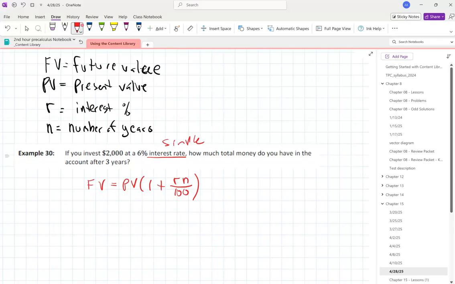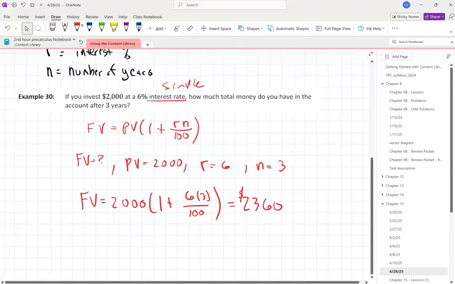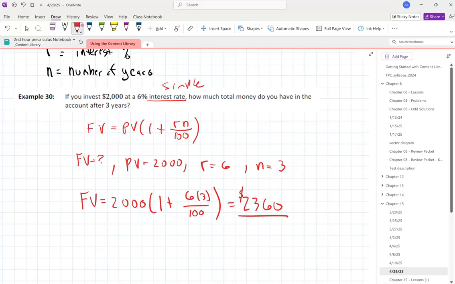It's asking us how much we have in the future, so that's the future value. The present value is what we're investing now, that's $2,000. The interest rate is 6%, and the number of years is 3. When we plug this in, wowzers! You end up with $2,360 if you type that into your calculator and press enter.